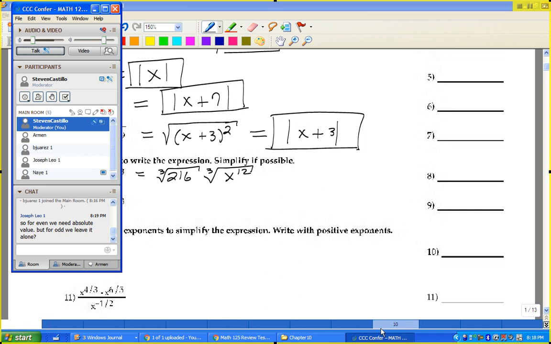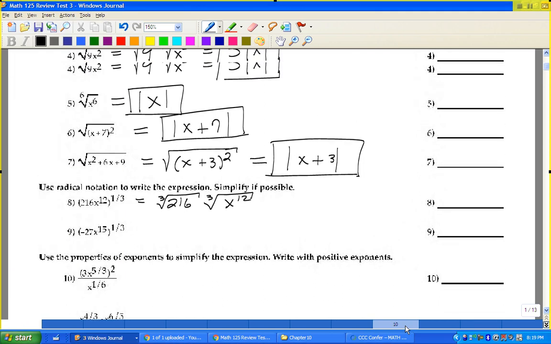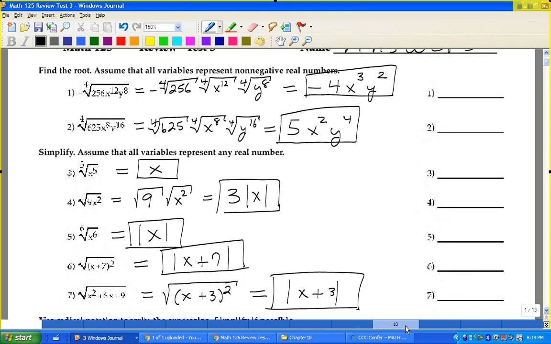So for even, we need absolute value, but for odd, we leave it alone. Correct. And so if you noticed here, when we had the fifth root of x to the fifth, since 5 is an odd number, we just said it was x.